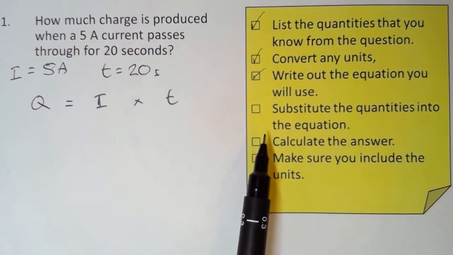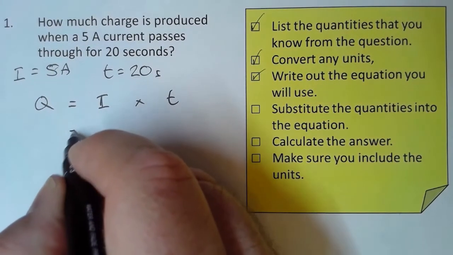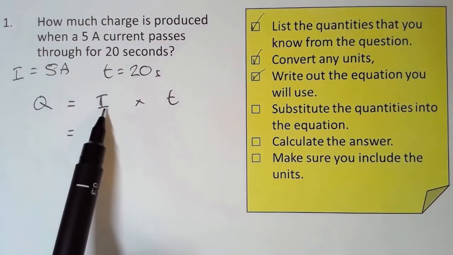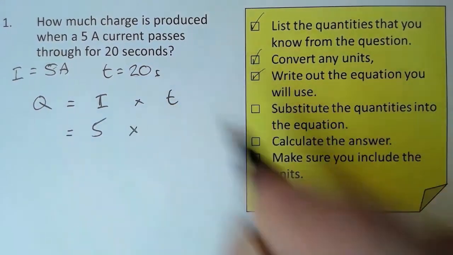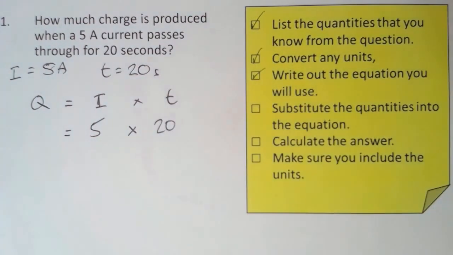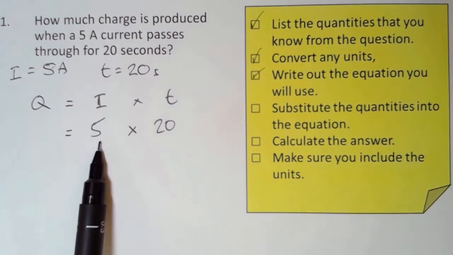Next, you need to substitute the quantities into the equation. Okay, so Q is equal to current, which is 5 amps, multiplied by time, which is 20 seconds. Now you see, because I spread out my equation here, I was able to just substitute underneath.